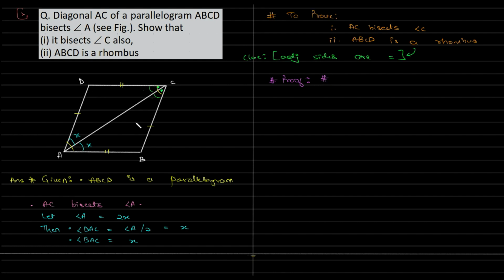If we consider DC to be parallel to AB, then this will be x and this also will be x. Similarly, BC being parallel to AD, since this is x, this too will be x.